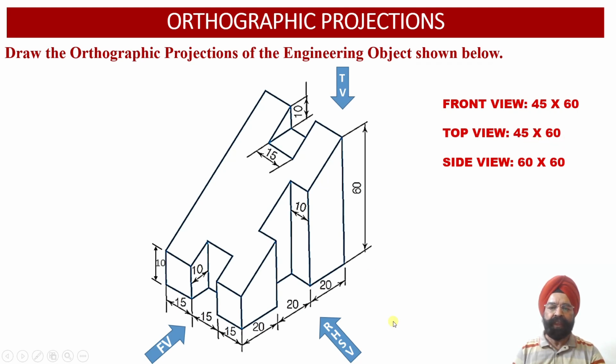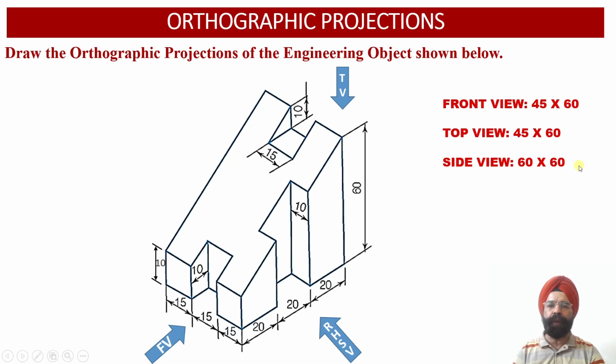Now when we look at the solid from the right hand side view orientation, we observe that the depth of the solid is equal to 60 millimeter, while the height is also equal to 60 millimeter. So the right hand side view face of the solid will have the dimensions 60 millimeter depth and 60 millimeter height.